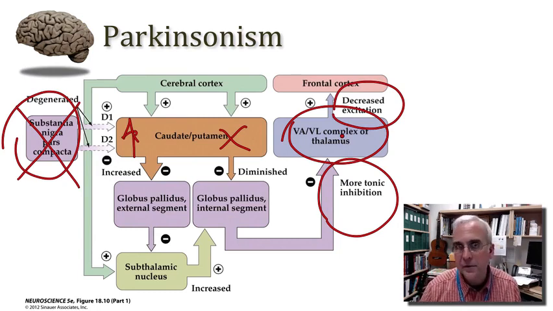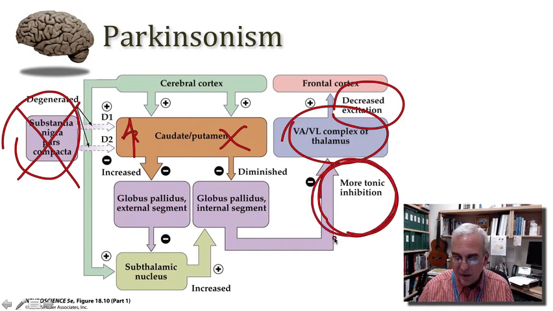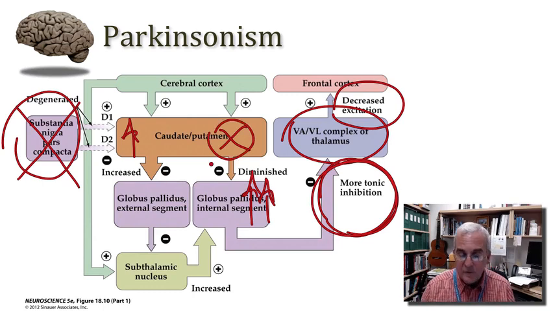So now let's back up into the basal ganglia and see why that would be. If there's too much tonic inhibition, that suggests that the activity in the internal segment of the globus pallidus is too high. And again, the reason why it's too high is that we have a severe reduction in our ability to inhibit the inhibition. So we have a failure of disinhibition.